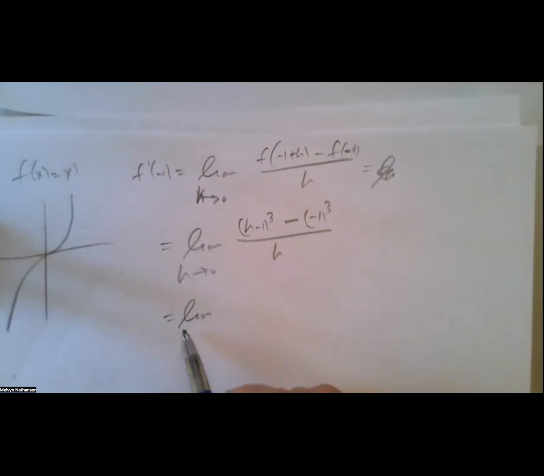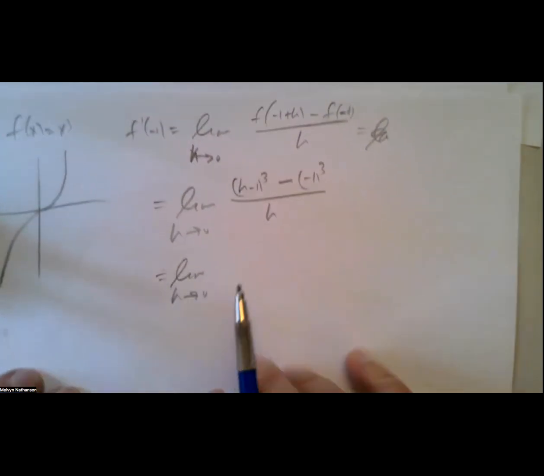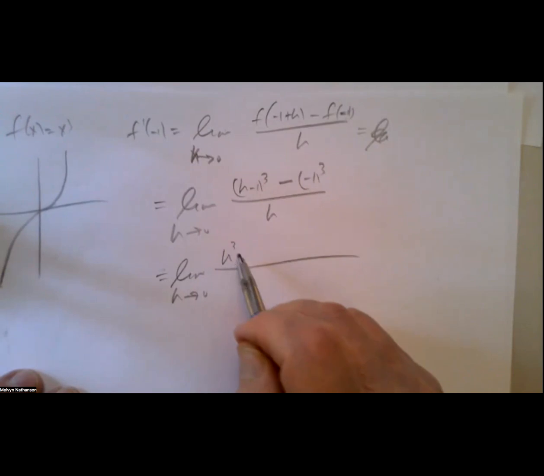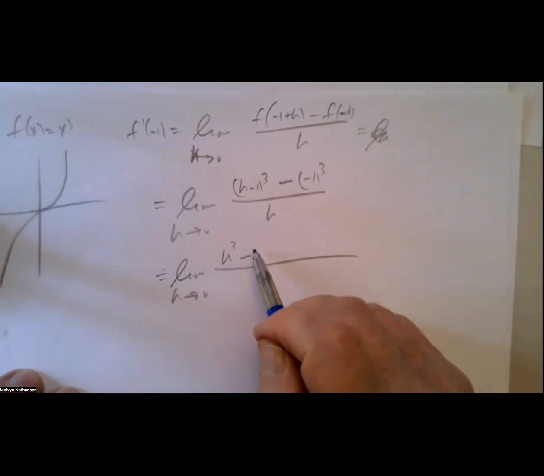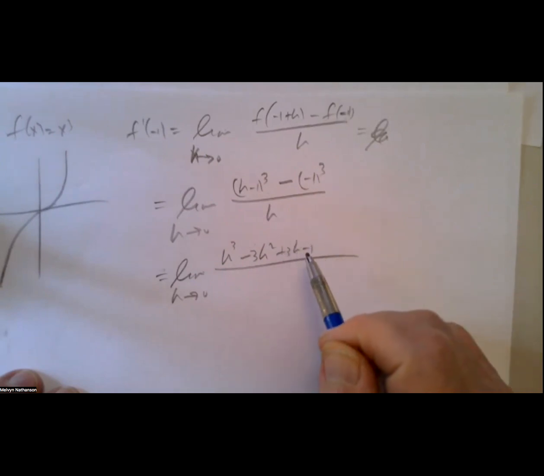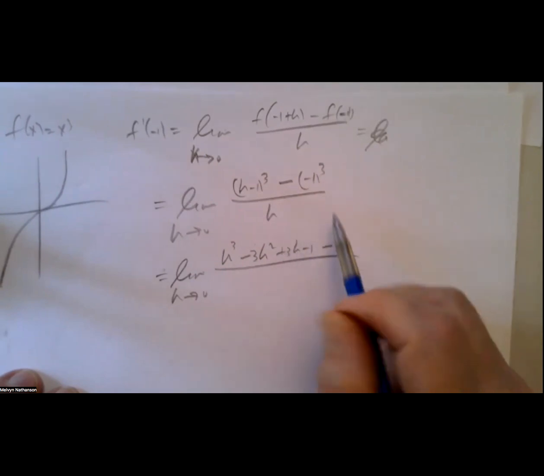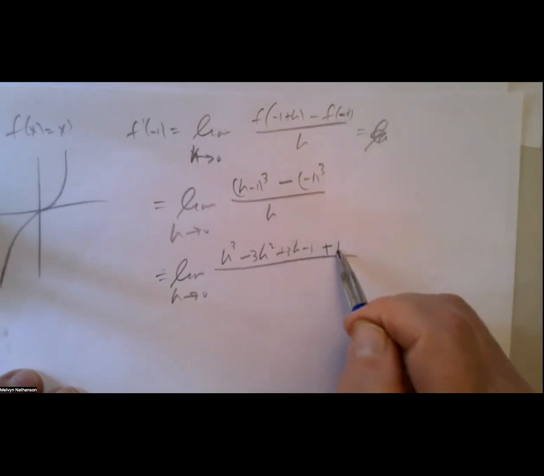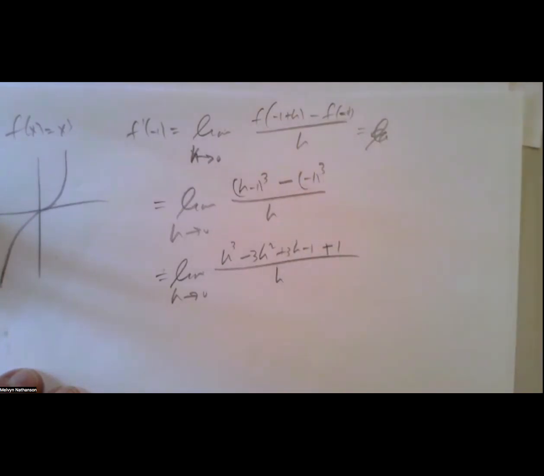This is the limit as h goes to 0. H minus 1 cubed is h cubed minus 3h squared plus 3h minus 1, minus minus 1 cubed, is minus 1 minus 1, is plus 1 over h.